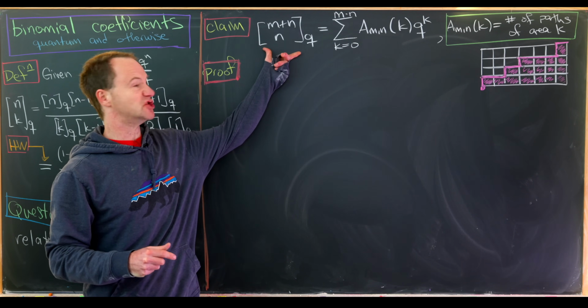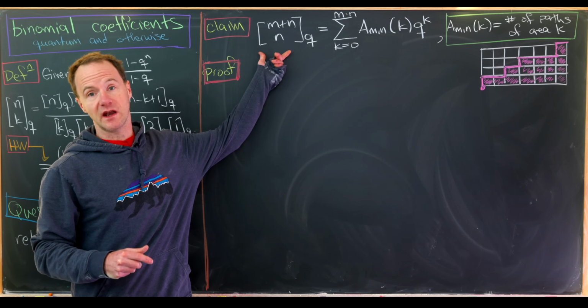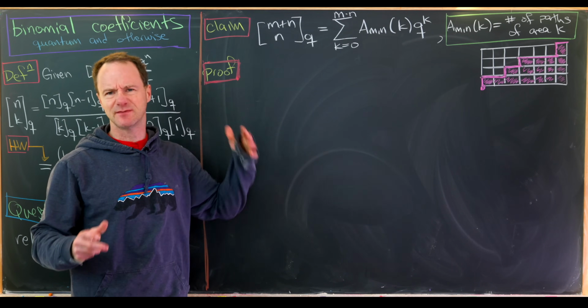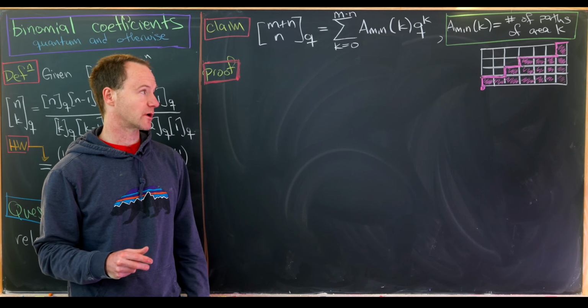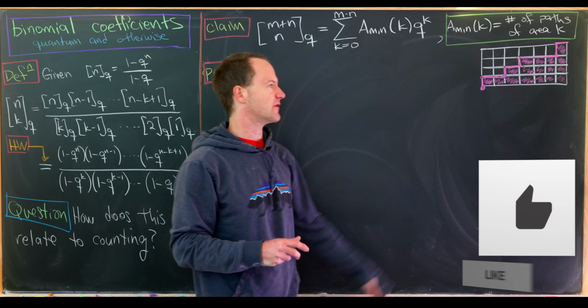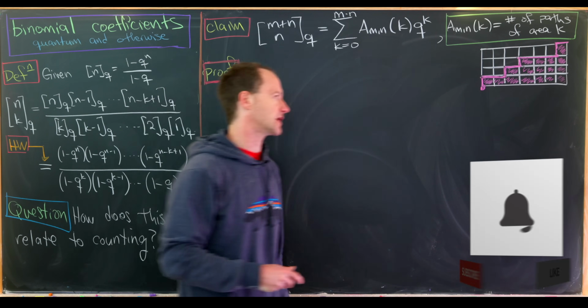So in fact, this is a generating function for the number of paths of a certain area. That's maybe how you would say that in a combinatorial way. So I've got a picture of a path over here with its area.